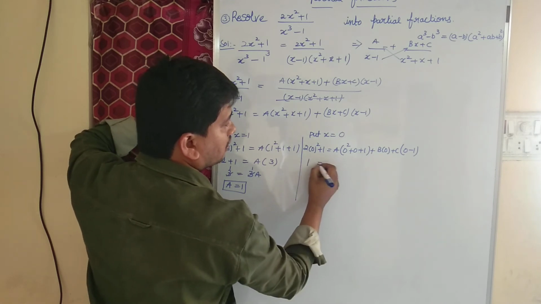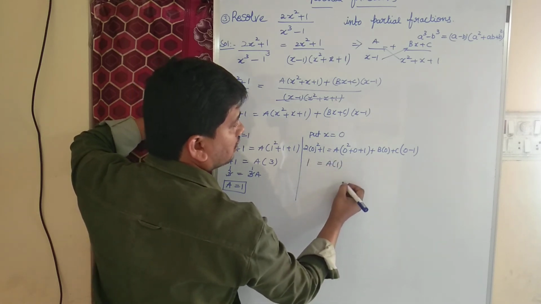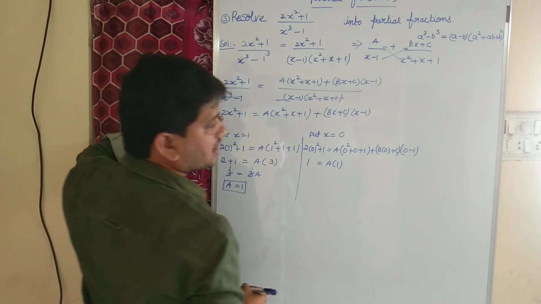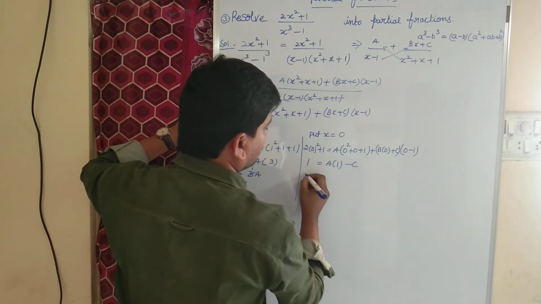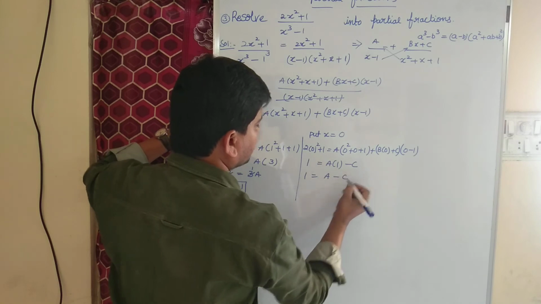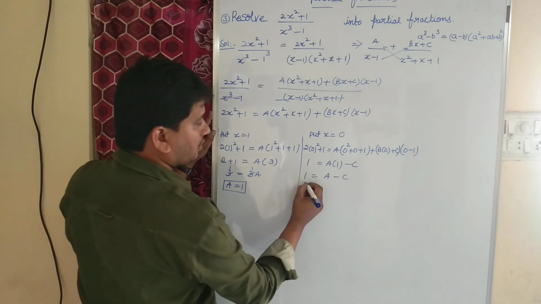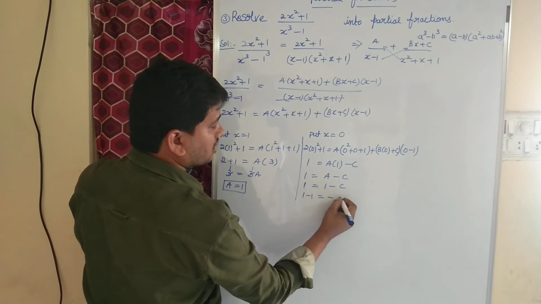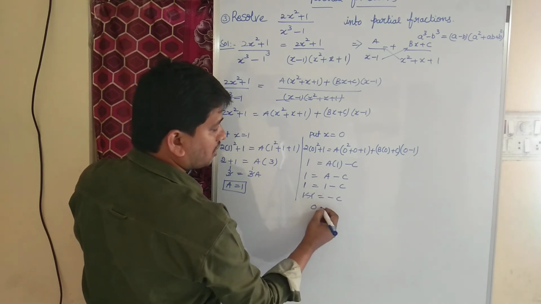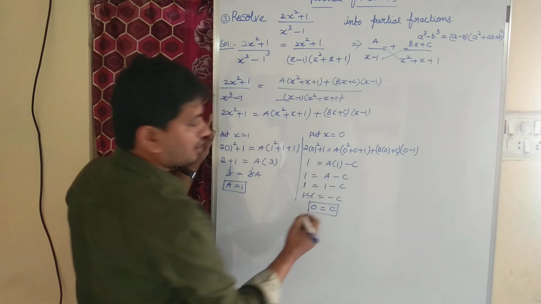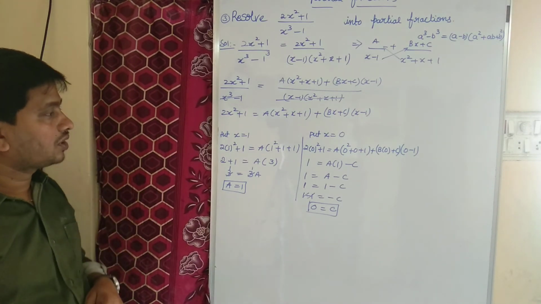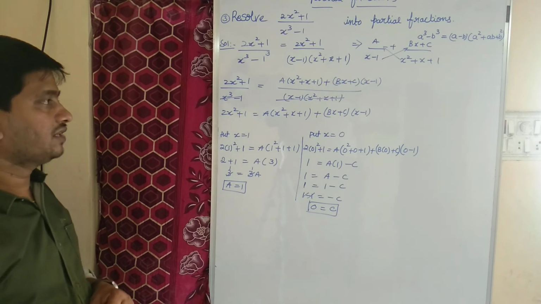This will be 1, a into 1, b into 0 is 0, plus c into minus 1 is minus c. So 1 equal to a minus c. We got the value of a as 1, so 1 equal to 1 minus c. Transposing, 1 minus 1 gets cancelled. What is the value of c? The value of c is 0. Right? A value we got and c value we got.